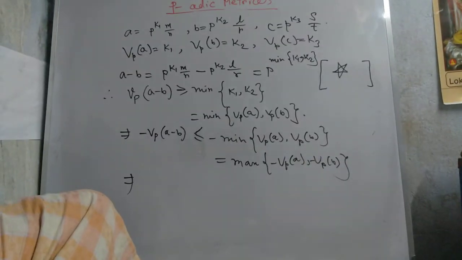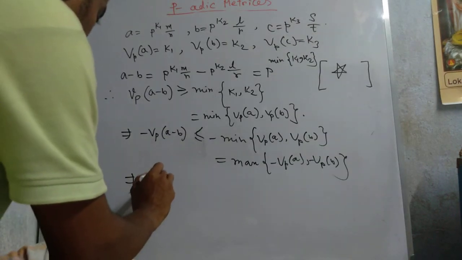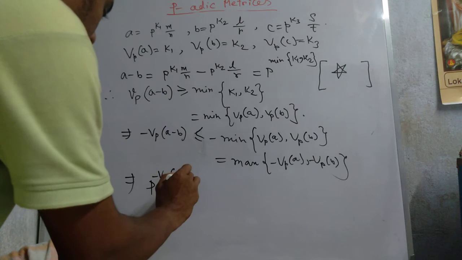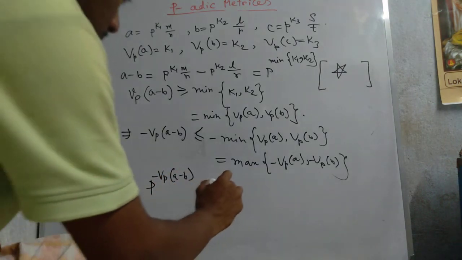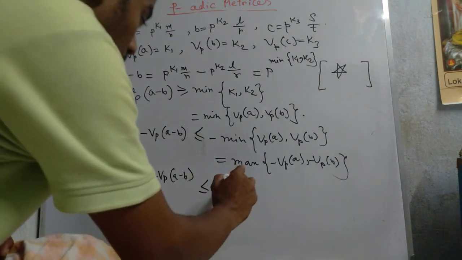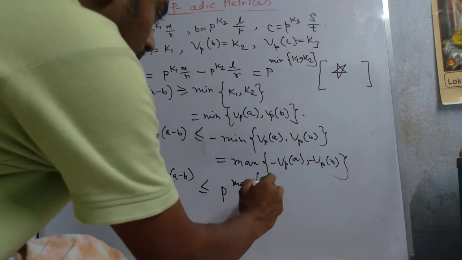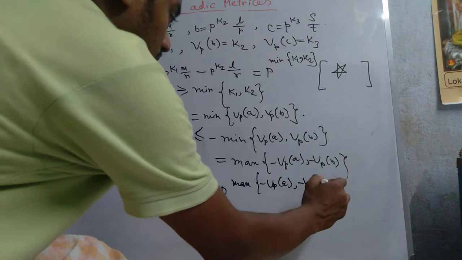Then we write p to the power minus v_p(a minus b) is less than or equal to p to the power maximum of minus v_p(a) and minus v_p(b).